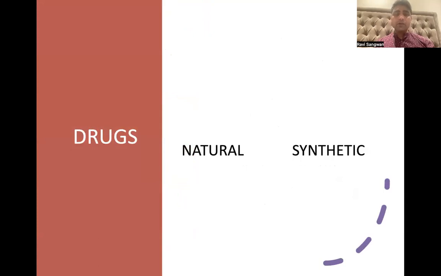While working in Rohtak Forensic Lab, I faced mostly natural drug cases. There are synthetic drug cases also, but in this region of Rohtak district you can face more of the natural drugs.